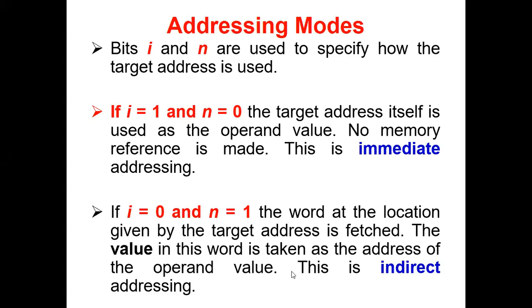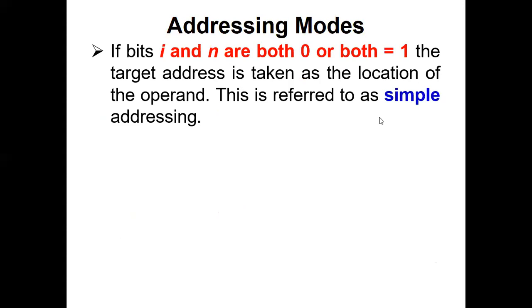Whose contents is the required operand. We are going to see an example of that. Then when both I and N are 0, or when they are both 1s, we call that one simple addressing.